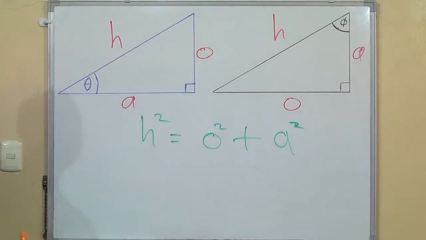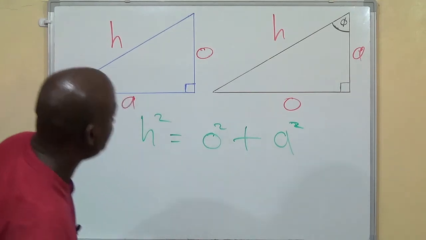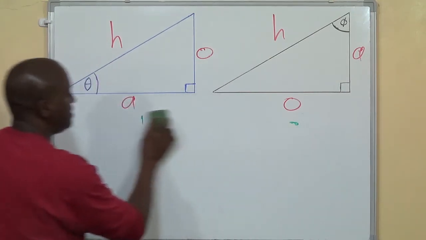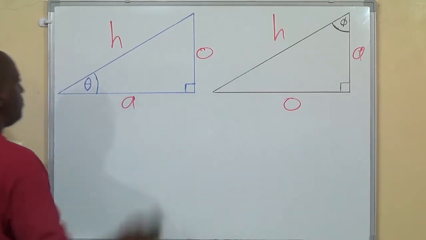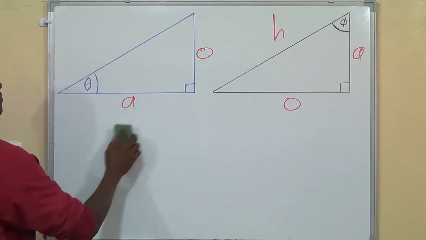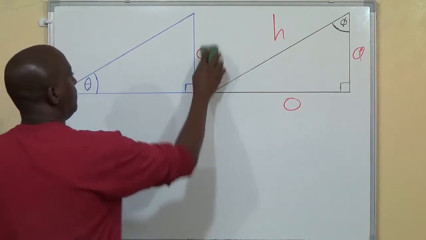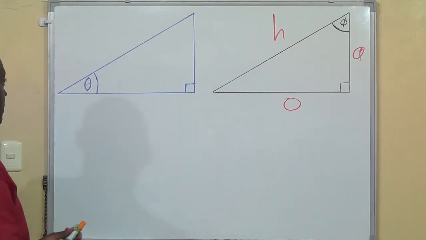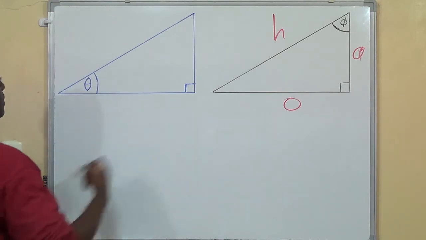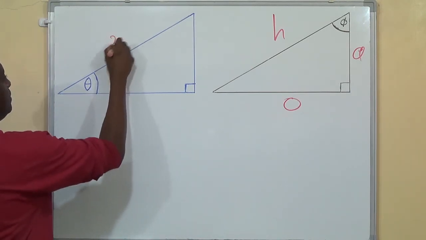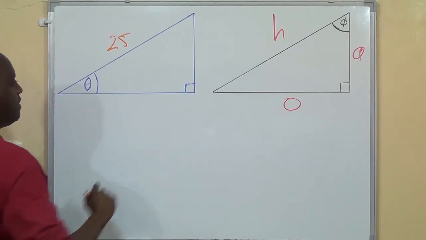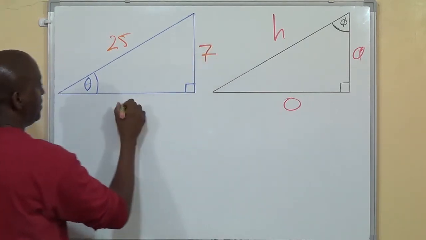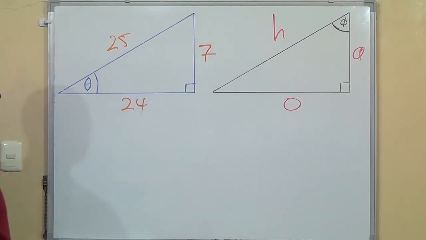Alright? Now, this basically is it. So if I use a generic example, let us say we use the case where your hypotenuse is 25, you have a long side of 24 and a short side of 7. Right? And this particular trio of numbers you'll see a little later in the series. So let me say the length of the hypotenuse is 25, the length of this side is 7, and the length of this side is 24.